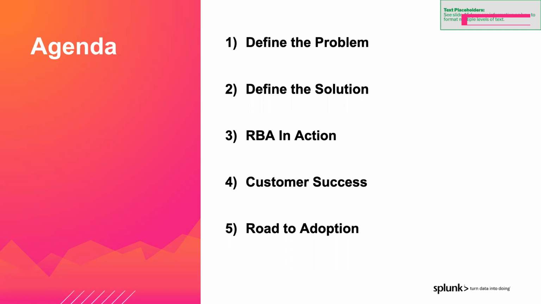So our 5 topics are defining why we need a new solution, what that perfect solution might look like, how you would implement that solution in a practical and technical aspect, what other customers have seen with this approach, and then what are your next steps after this presentation? How do you begin this adoption if you like the things we discussed today?